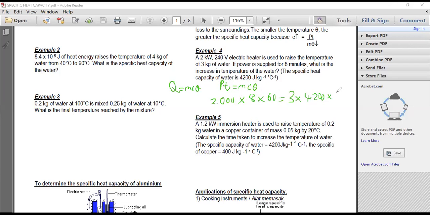Then you can find theta: 2000 times 8 times 60 divided by 3 times 4200, which gives 76.2 degrees Celsius.